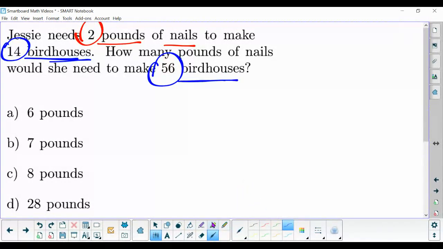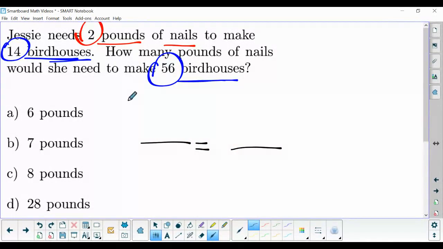So, like I said, if you have 3 numbers, and if 2 of those numbers are talking about the same thing, like 14 and 56, then it's probably going to be a proportion problem. And that's what this is, a proportion problem. So now that we know it's a proportion problem, we're going to set up our proportion.